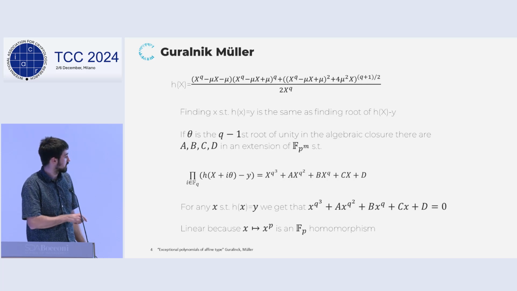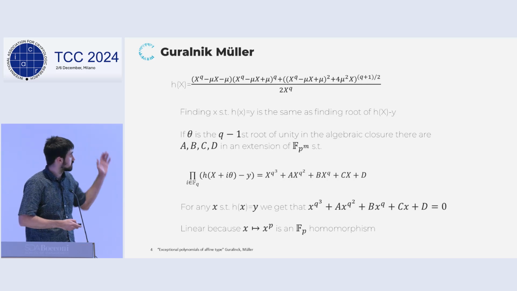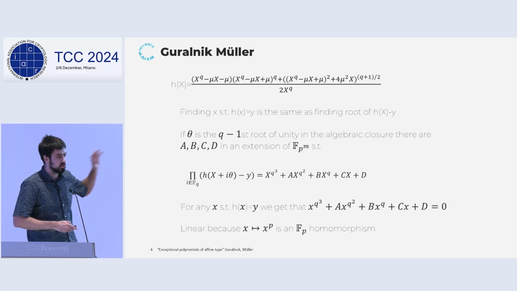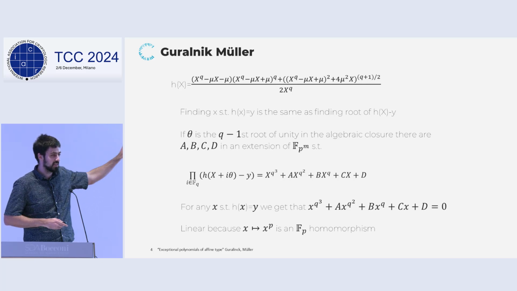So taking x to the power of p is an F_p homomorphism, and therefore this is a linear function over F_p, and so you can just solve it with linear algebra. Okay, so this is the break. If I lost you, come back now. Now it's all cryptographic, normal algebra.